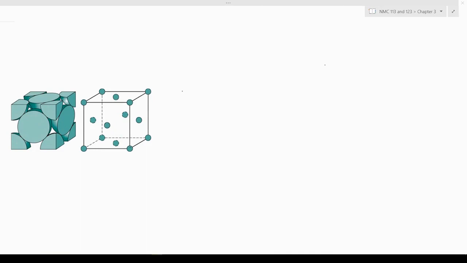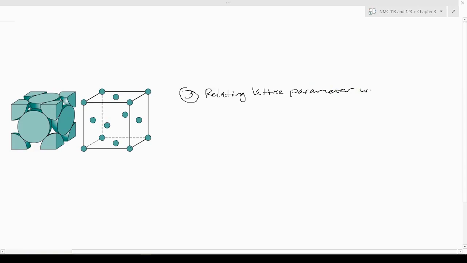Okay, now the third thing we're going to be looking at is relating the lattice parameter with atomic radius.